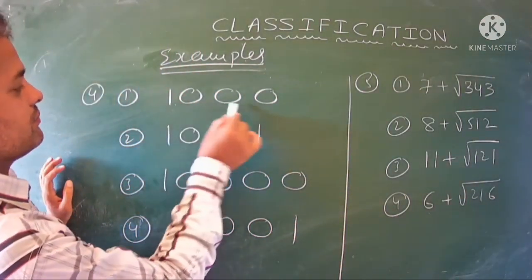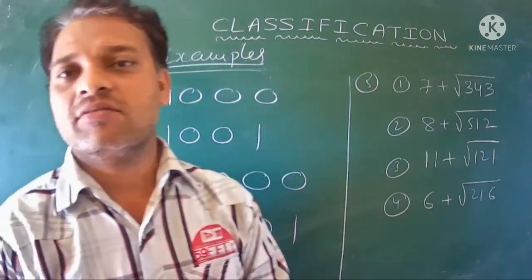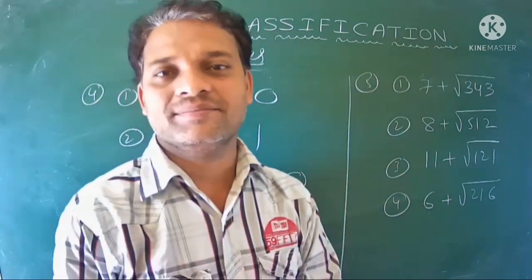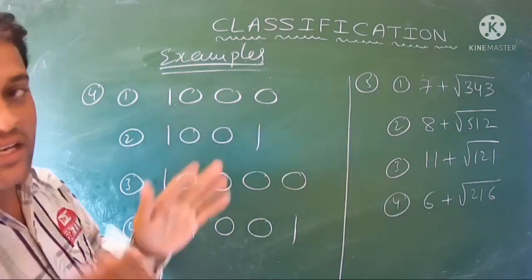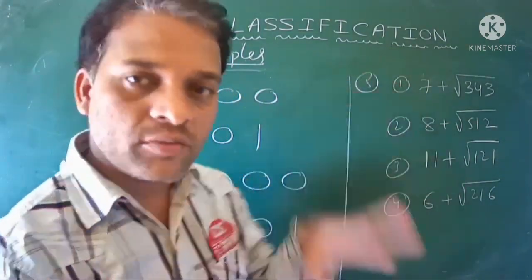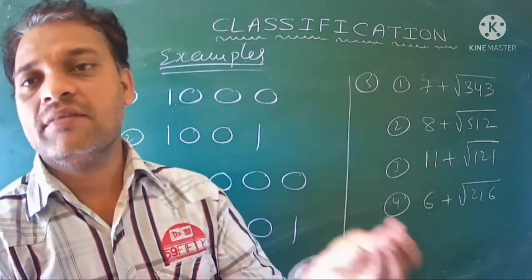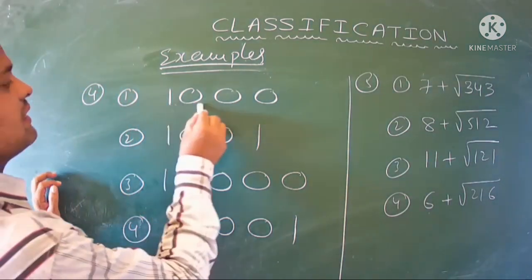here binary series values are given. Binary means, as I said, 0 and 1 are the numbers involved in binary. Now if these binary values are converted into numerical values, what is the pattern? 3 are from one category and 1 is a different category, first you need to observe. First of all, 1000 will be there.